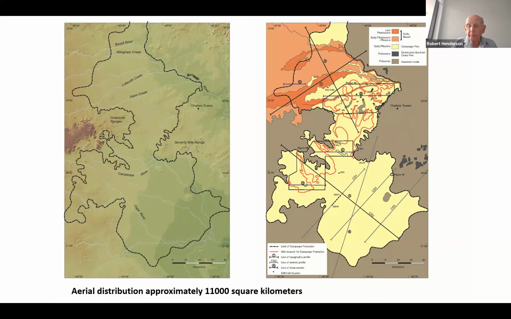So that's a relict early Tertiary sediment system with duricrust, mainly ferricrete, sitting on top of it. And all you folks will be well familiar with duricrust and ferricrete.